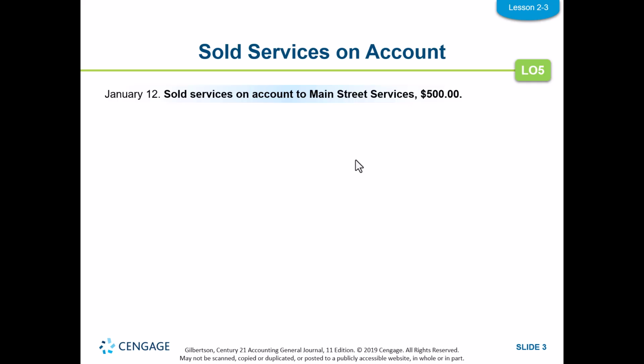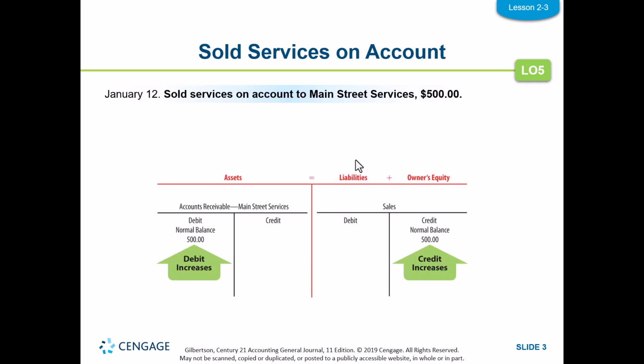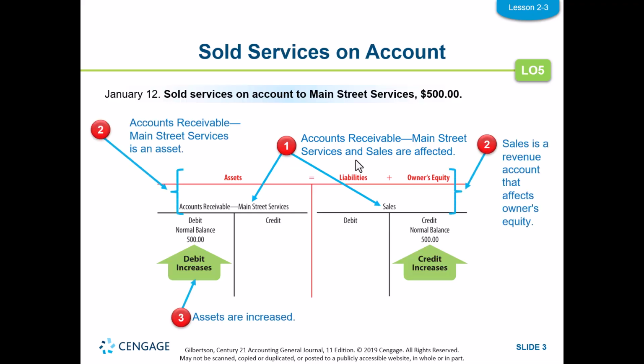But remember how I told you that for whatever reason, "sold services" trips people up all the time? Sold is just the past tense of sales, right? So we've got our accounts receivable for Main Street Services and sales. Which one are we debiting? The accounts receivable, because it's an asset and we increase it by debiting it. So here we debit our accounts receivable and we credit our sales.